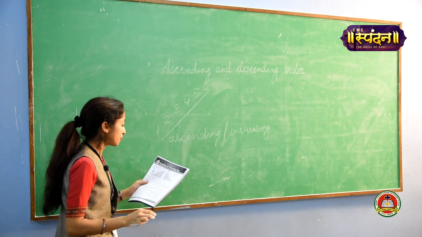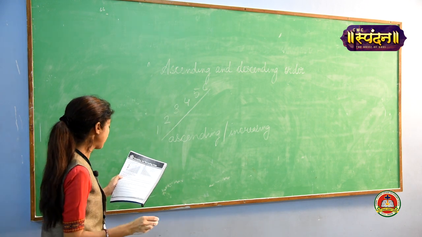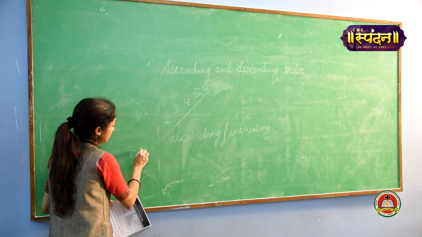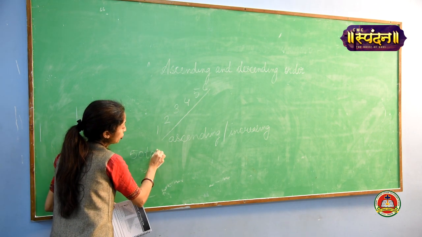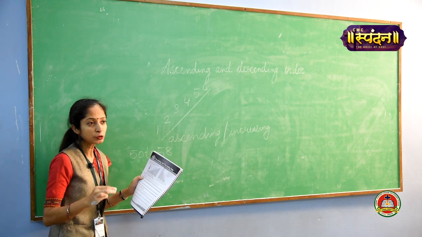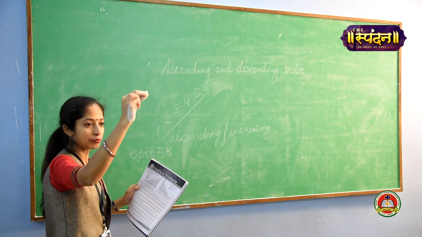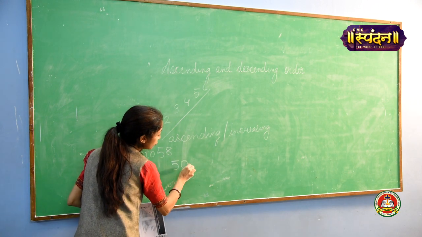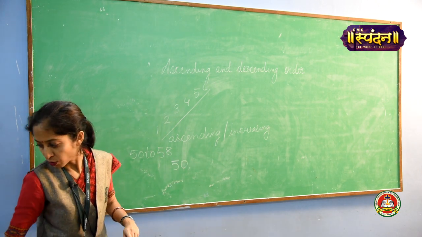And suppose if I give you number, write in ascending order 50 to 58. What we have to do over here? We have to just increase the numbers and reach up to 58. Suppose it is 50, we are going to start with number 50, okay.